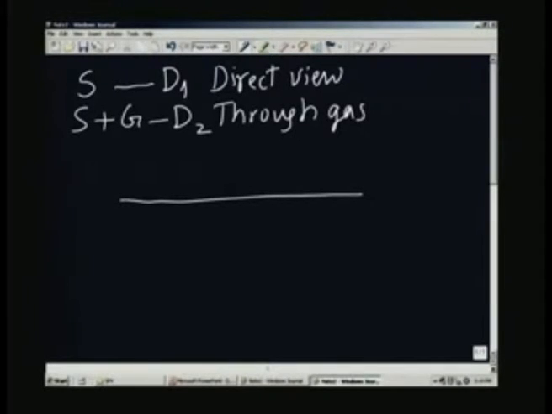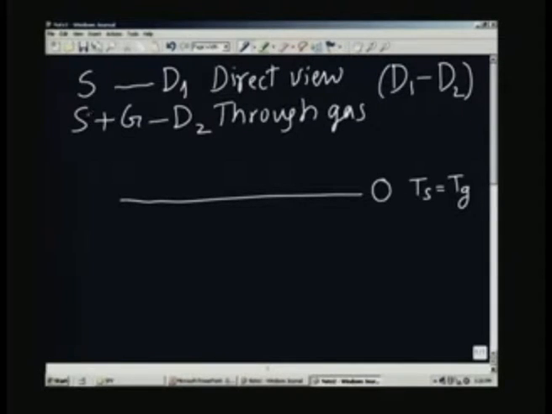So, if I look at D1 minus D2, the difference between the two signals, which is direct viewing of the source, and the second one through the gas. D1 minus D2 will be 0 if T s equal to T g.